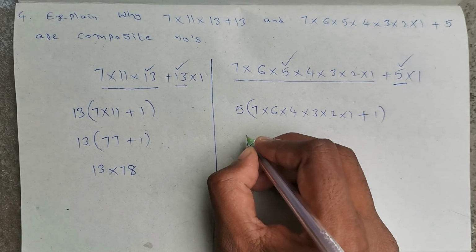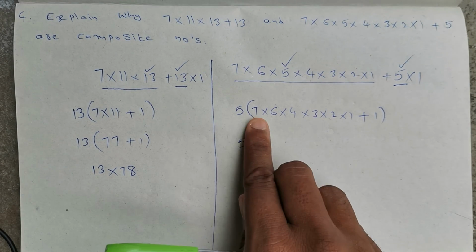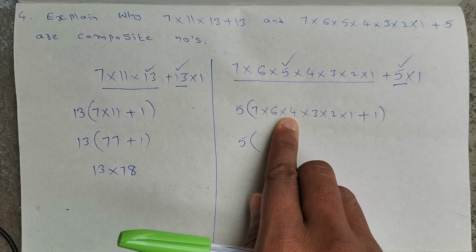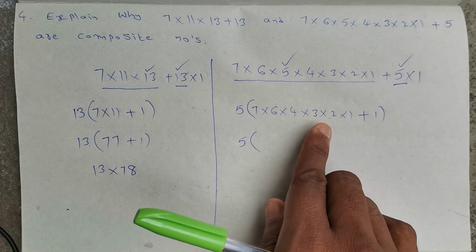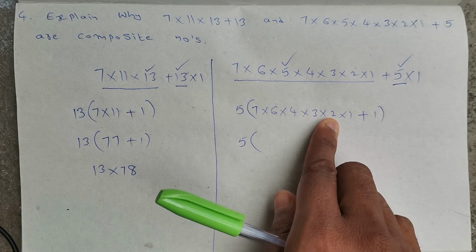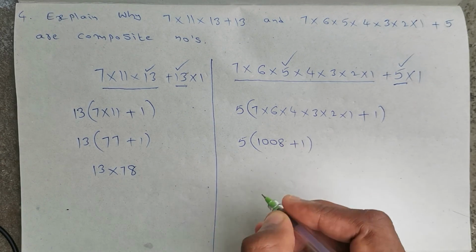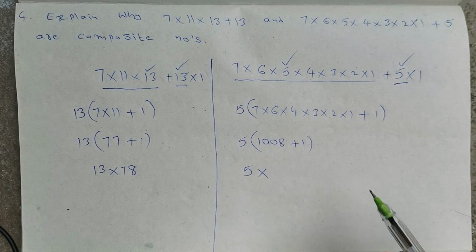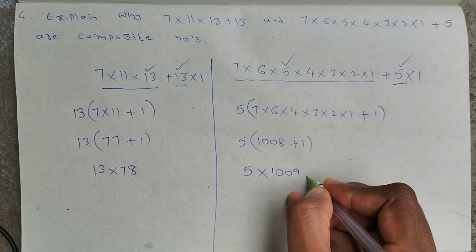So 5 times, 7 into 6, 42. 42 into 4, 168. 168 into 6, 1008. 1008 plus 1. So 5 into 1008 plus 1, 1009.